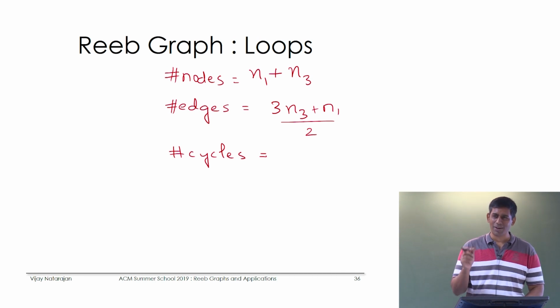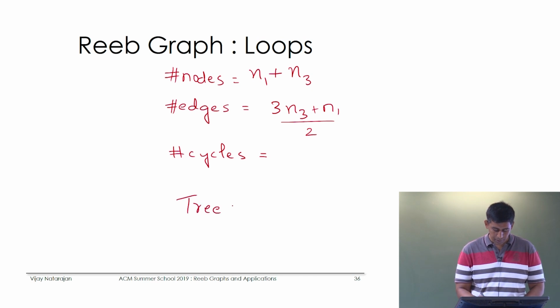And there is a 1 factor there. So what happens for a tree? For a tree, the number of nodes minus 1 is the number of edges.